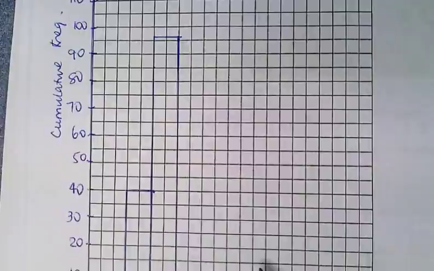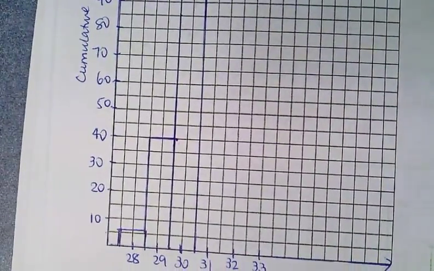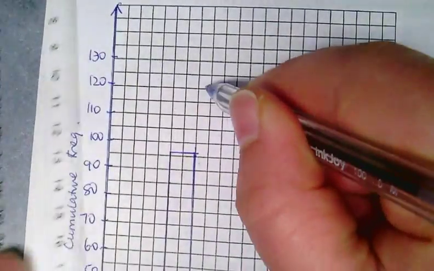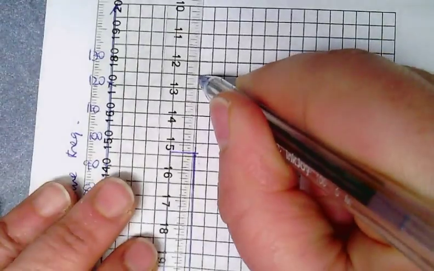So notice my 30 is in the middle of my graph. Okay, and then the next one I think was 124. So for the 31 column, it's 124. It's going to go up to just under 125.